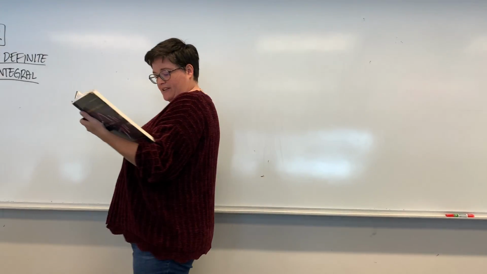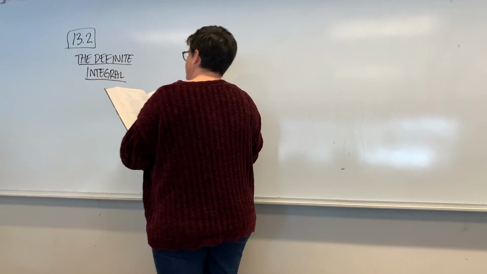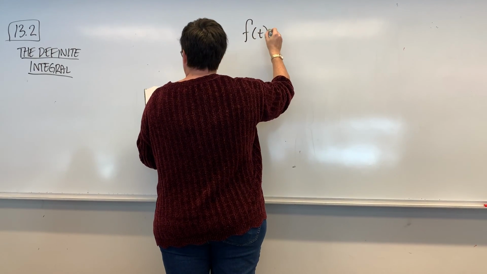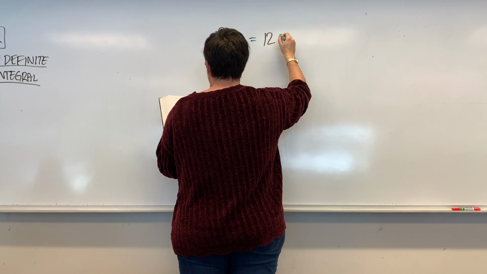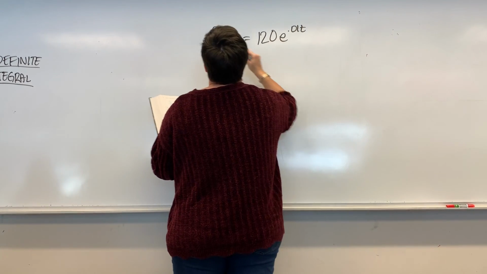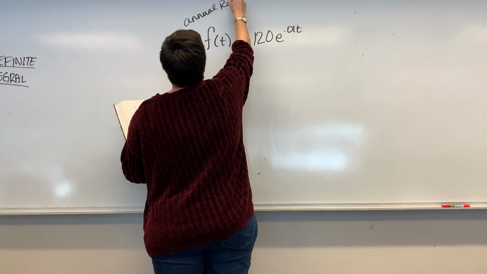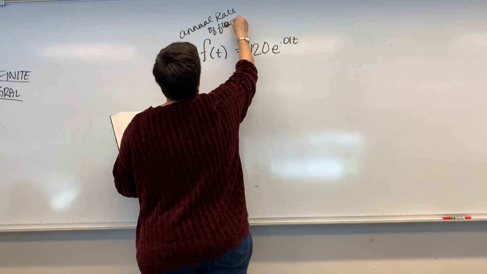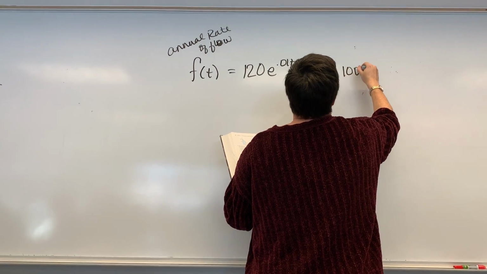Suppose that a vending machine service company models its income by assuming that money flows continuously into the machines, with an annual rate of flow given by f of t equals 120 e to the 0.01 t. So this is the annual rate of flow, and this is in thousands of dollars.